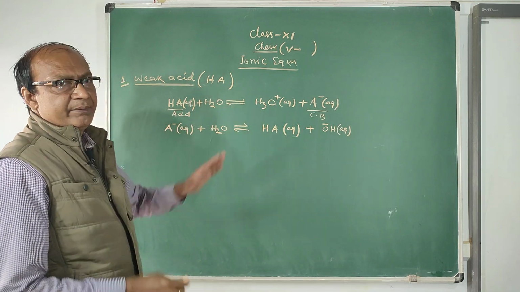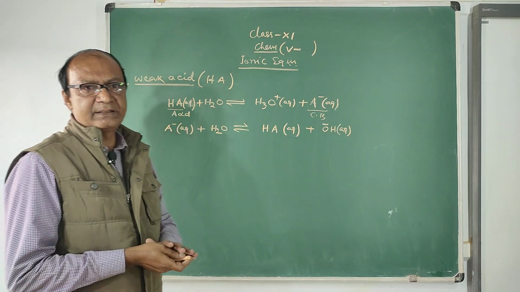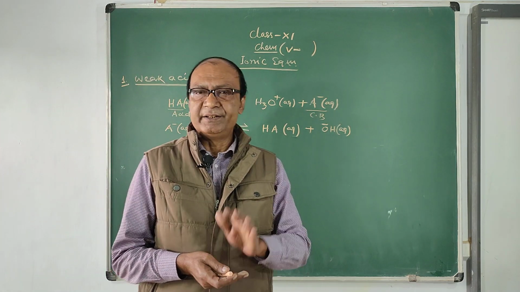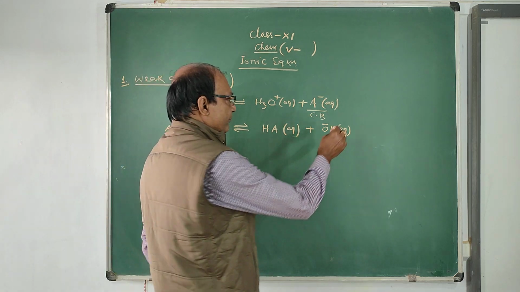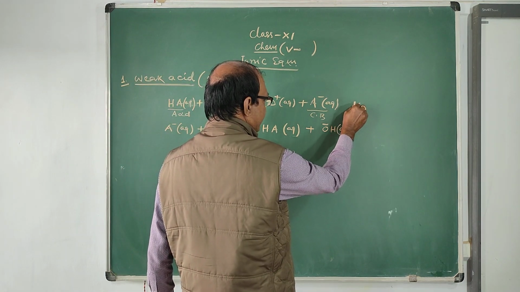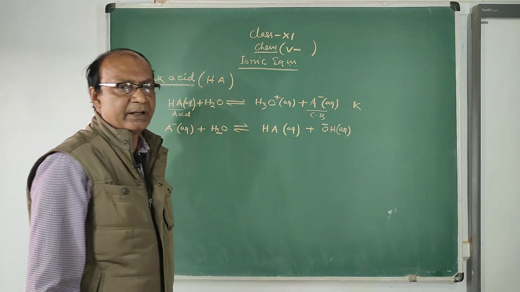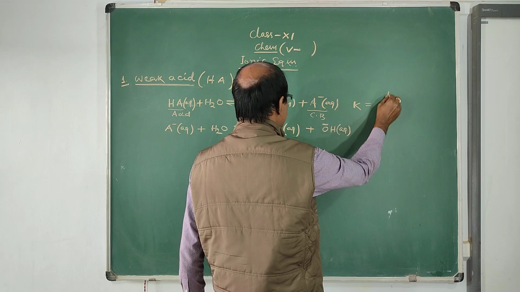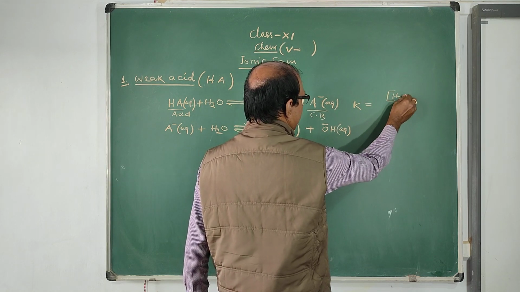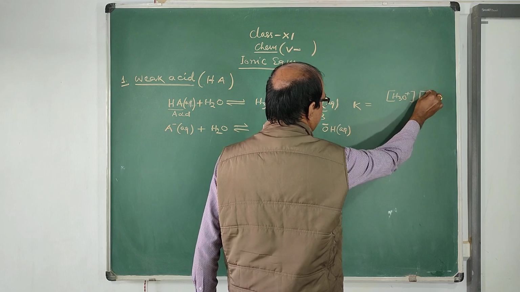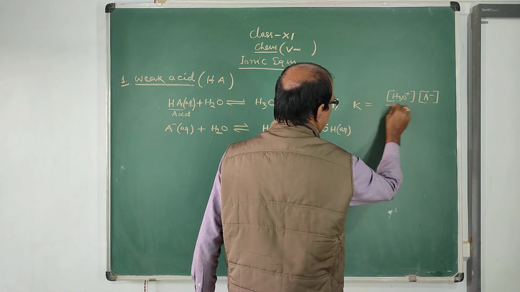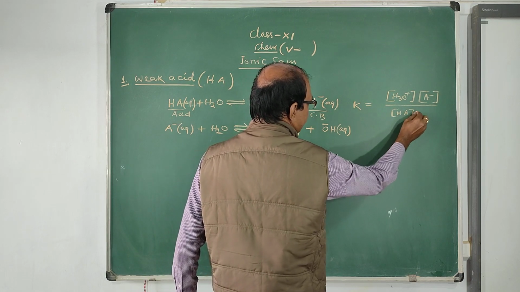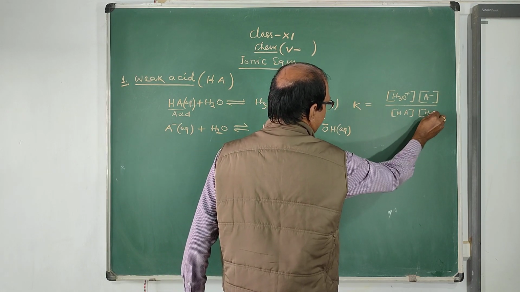Now this is a reversible process because you know that weak acids do not completely dissociate in aqueous medium. They dissociate very partially. Therefore, if you write down the equilibrium constant of this process, you will write that K equals concentration of H3O plus multiplied by concentration of A minus divided by concentration of HA, concentration of H2O.